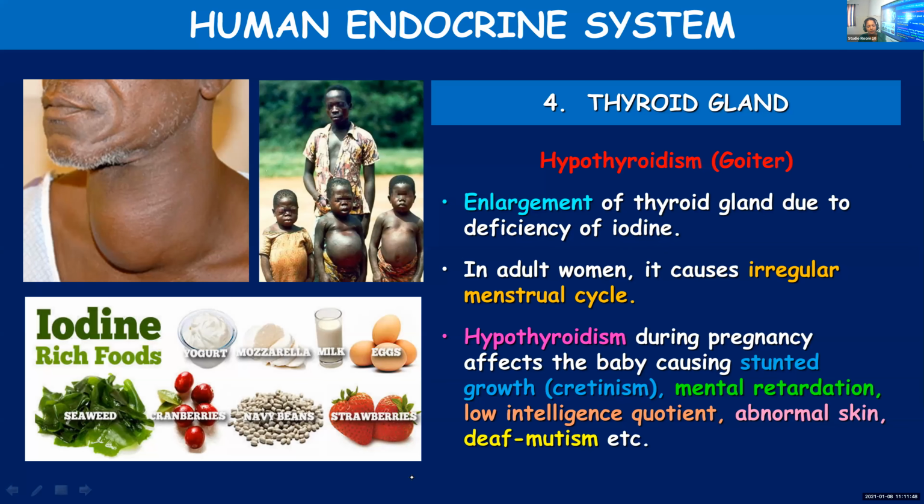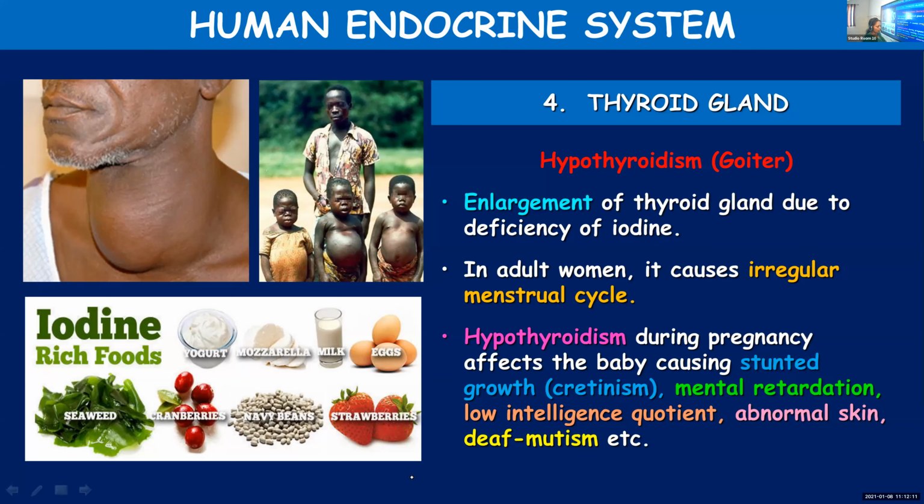Even seafoods are rich in iodine, but maybe all are not non-vegetarians. Vegetarians are also there, and if you take iodized salt, where salt is mixed with iodine, that can reduce the problem of iodine deficiency in your body, and you won't suffer from any such deficiency diseases.